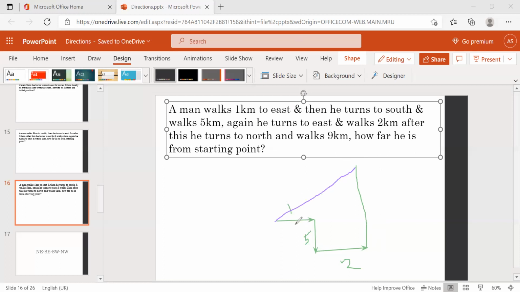Okay, now check this. This is 1 kilometer, this is 5 kilometers, this is 2 kilometers, and this is 9 kilometers. So extend this. It is also 2 kilometers, and this is 5 kilometers. So here it is 4 kilometers. So root of 4 square plus 3 square.